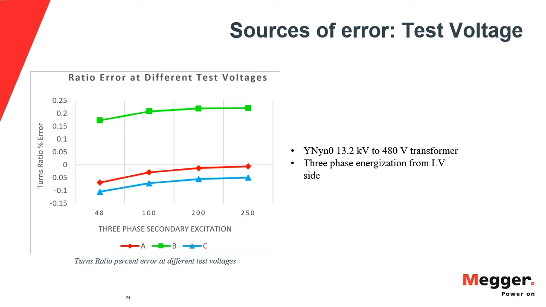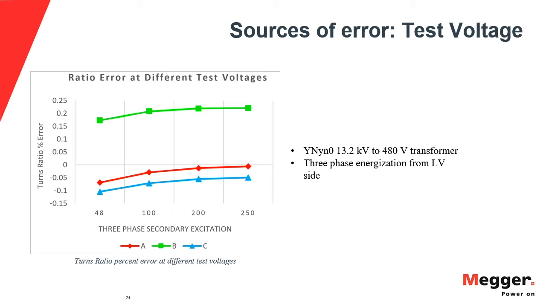Another important thing to note on this graph is that starting from 200 volts going to 250, the value didn't change as much as it did from 48 to 200, right? So in other words, like we said in the previous example, the transformer is showing some voltage dependency, right?